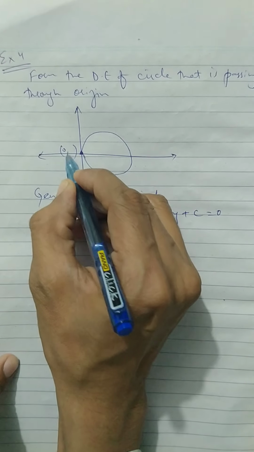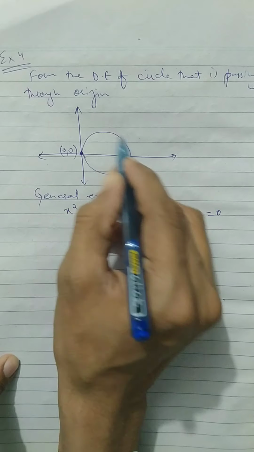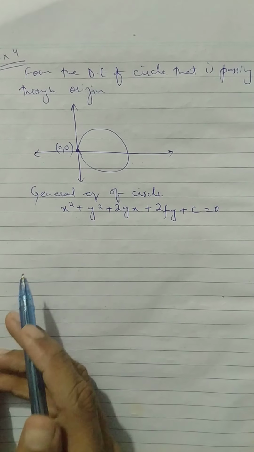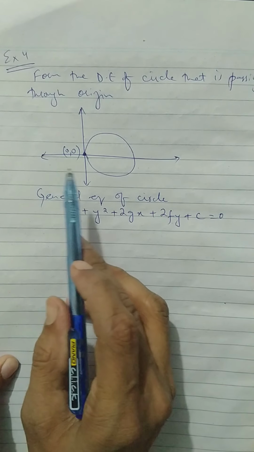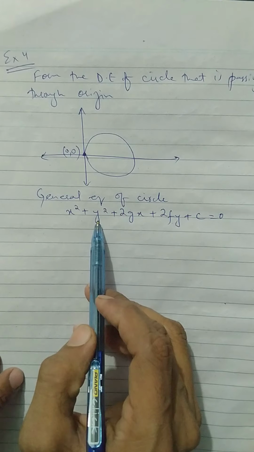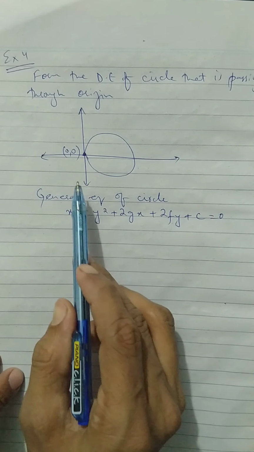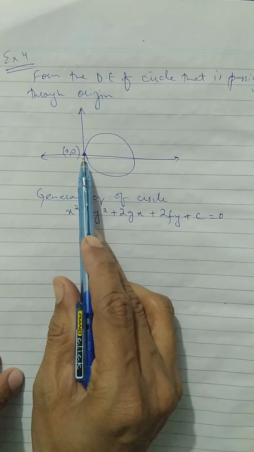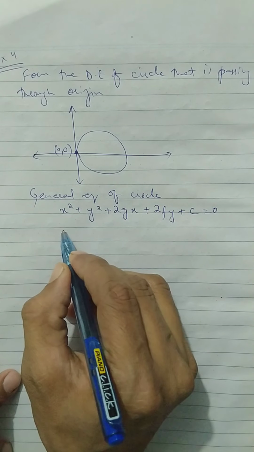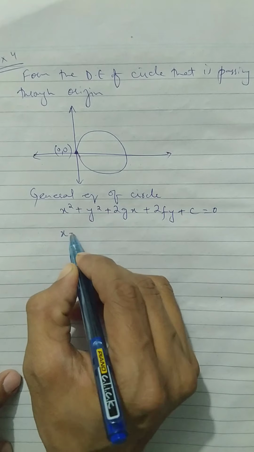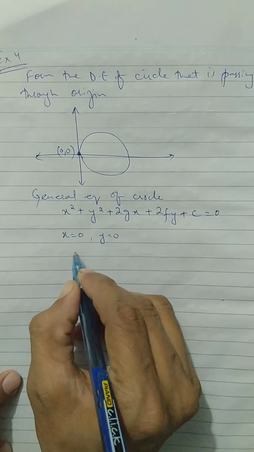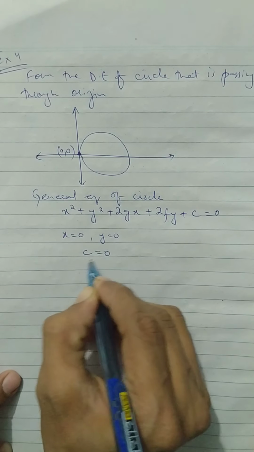Of course, it will satisfy all the points that lie on the circle. This is the basic definition of an equation, that it will satisfy all the points of that particular curve. So if it's passing through origin, we can substitute x as 0 and y as 0 in the equation. We'll get the condition c equals 0.